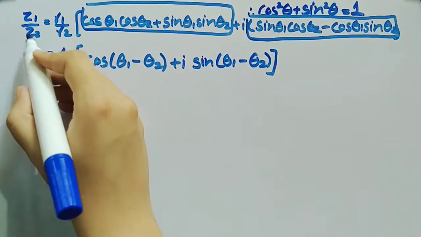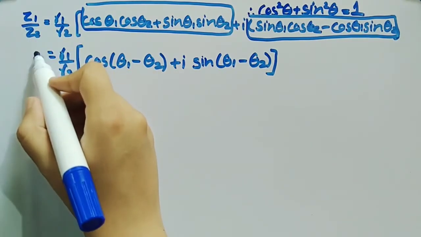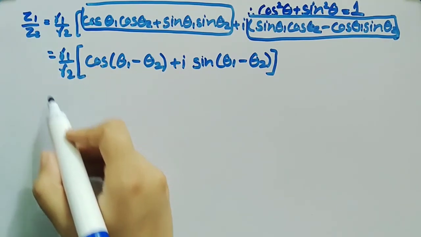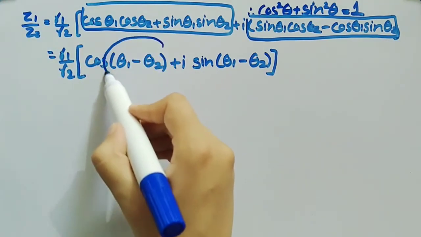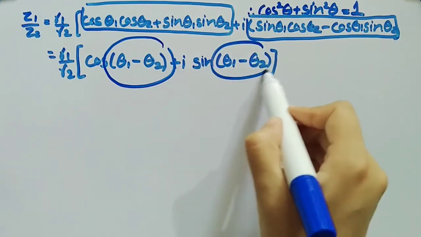Thus, if we have to write the argument of z1 by z2, we know that the argument is the value of angle, and here the angle is theta 1 minus theta 2.